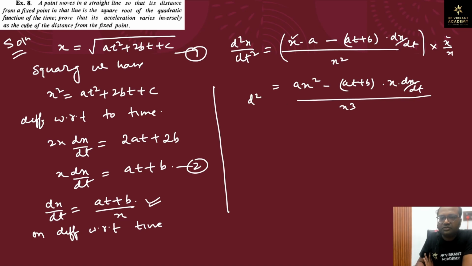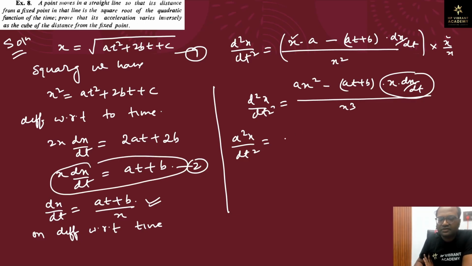So we have d2x upon dt square is equal to, x dx upon dt is at plus b. So we have a times x square, and let us put x square here.